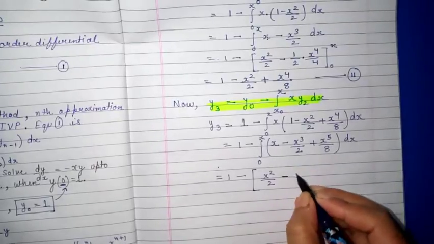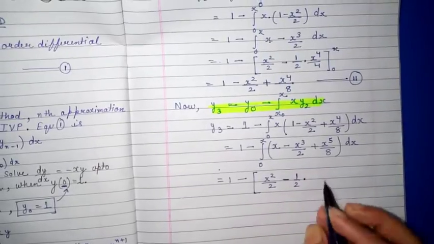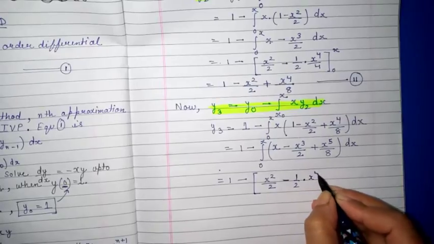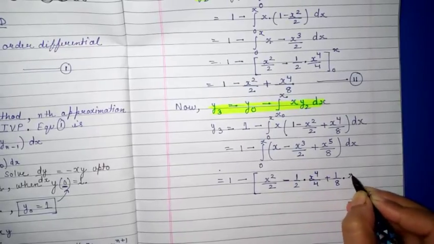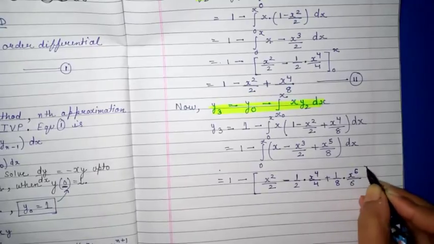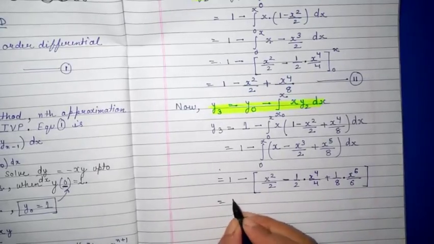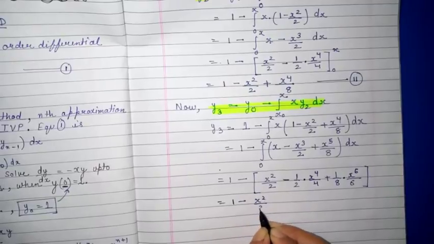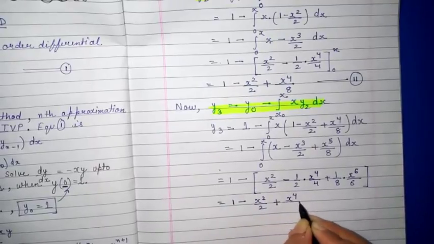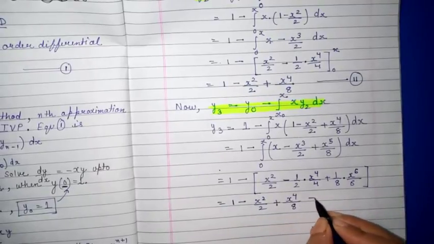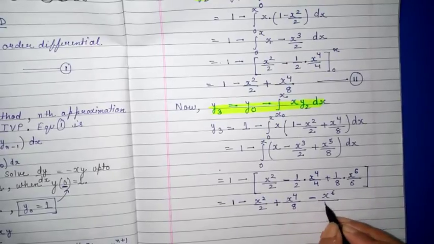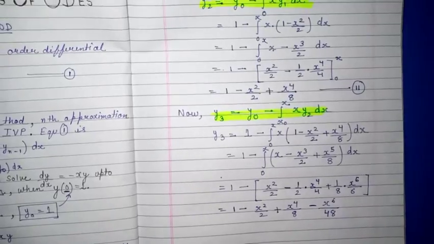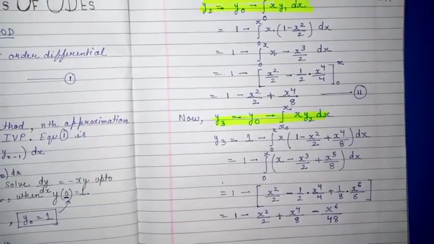Now again, 1 by 2, you don't have to do anything to 1 by 2. x cube will be x to the power 4 by 4. 1 by 8 we don't have to do anything. x to the power 5 is x to the power 6 by 6. Now 1 minus x square by 2 plus x to the power 4 by 8 minus x to the power 6 by 8 times 6, it's 48. So this is the value of y3, which means we have reached the third approximation.